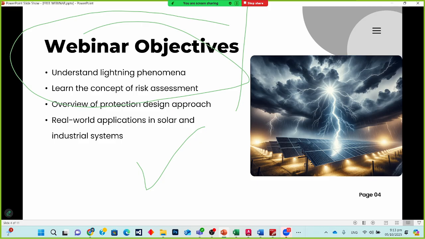But if the risk is higher than the limitations, then we need to provide the lightning protection design, like finials, lightning arresters, and surge protection devices. So we have to provide that.